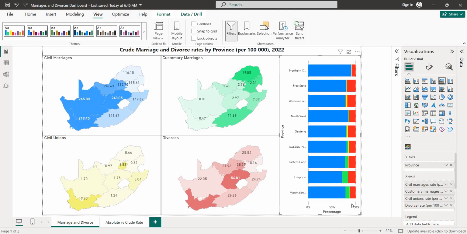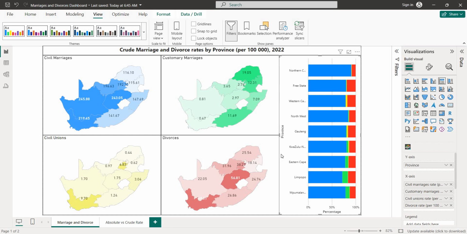So below 50% we have more divorces than marriages, and above 50% we have more marriages than divorces. And the marriages are still split into their civil, customary, and civil unions categories, so we can see the contribution of each of these components to the total marriages.